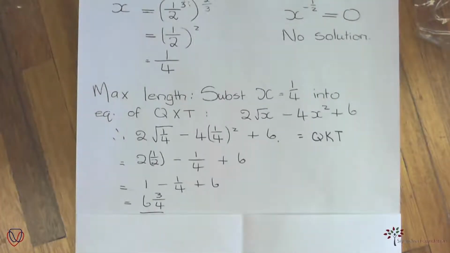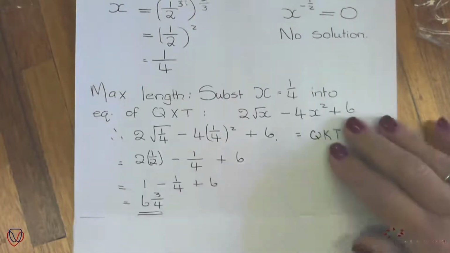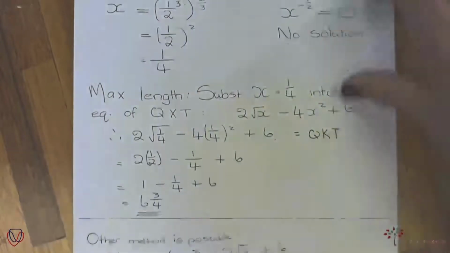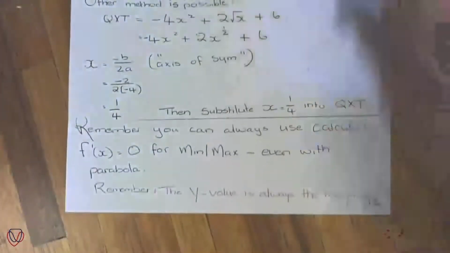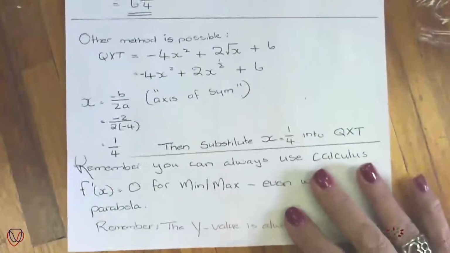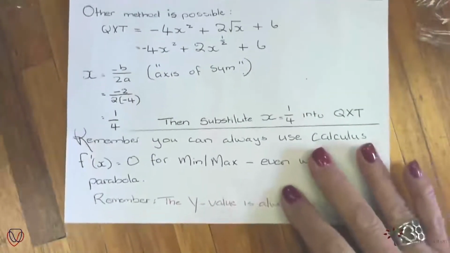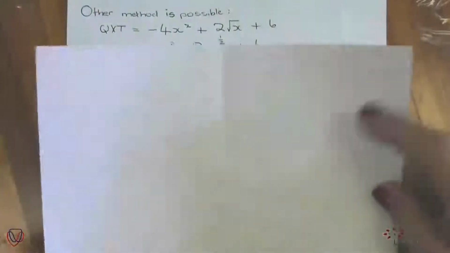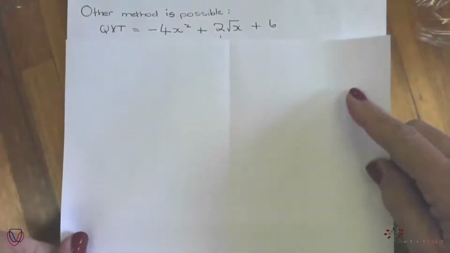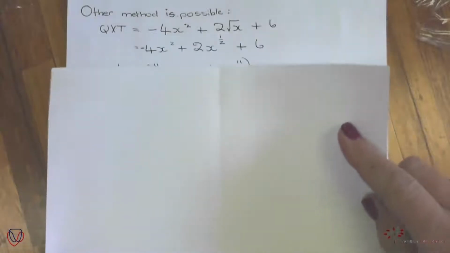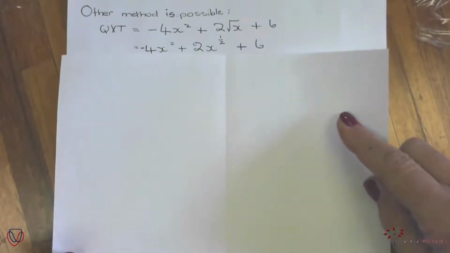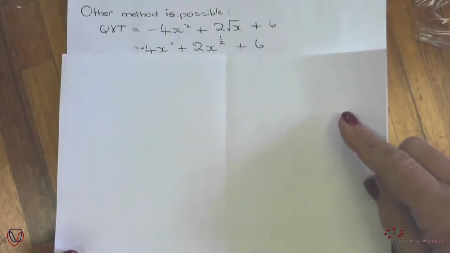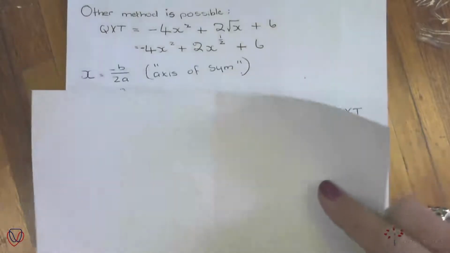That is using the first derivative. But you can also use the other method. Here it is. Let me show you. The other method is also very possible. QXT is that. We know that now by subtracting the equations. I rewrote it in correct order from highest to lowest exponent.